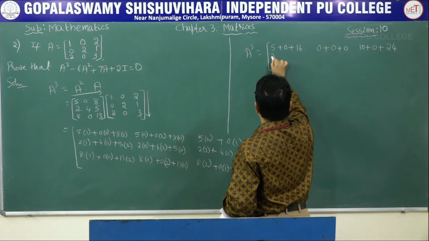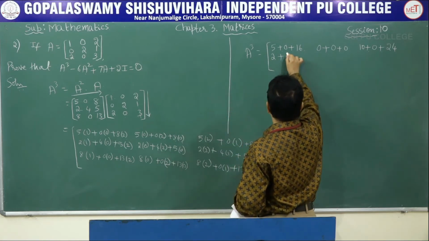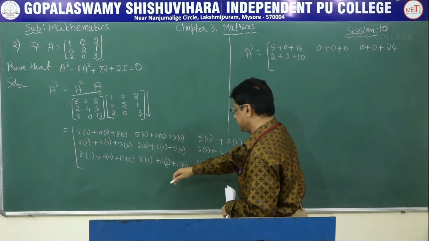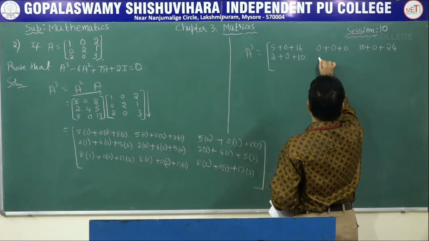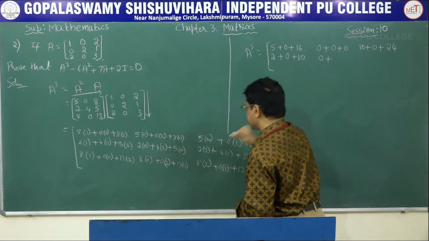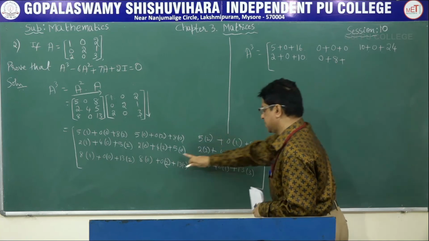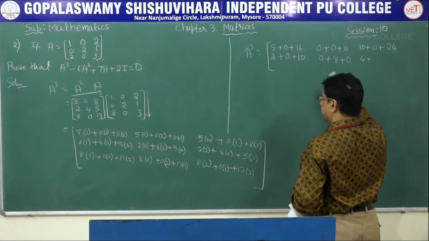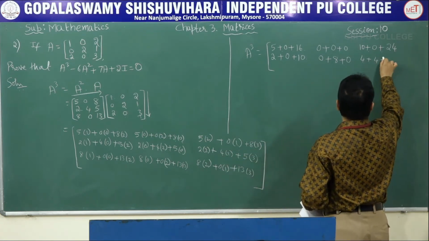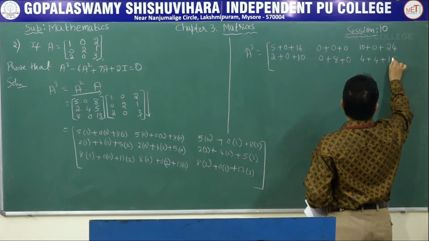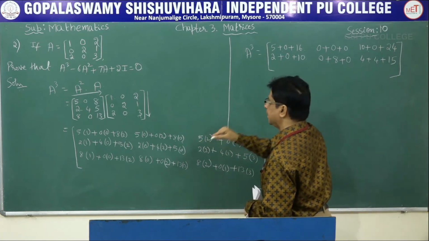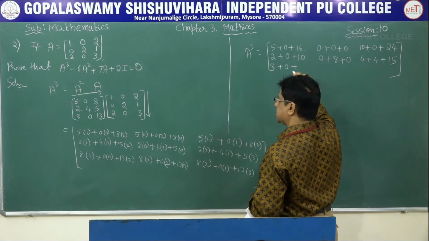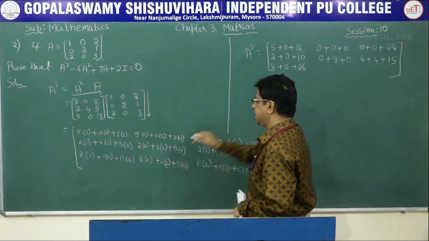Next 2 into 1, 2, plus 4 into 0, 0, plus 5 into 2, 10. Next 2 into 0, 0, plus 4 twos are 8 plus 5 into 0, 0. So 2 twos are 4 plus 4 into 1, 4, plus 5 threes are 15. 8 into 1, 8, plus 0 plus 13 twos are 26.